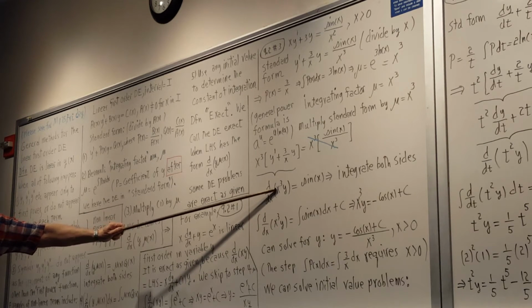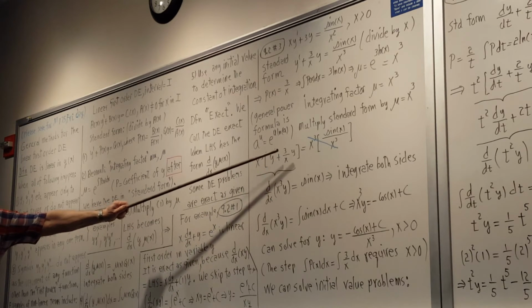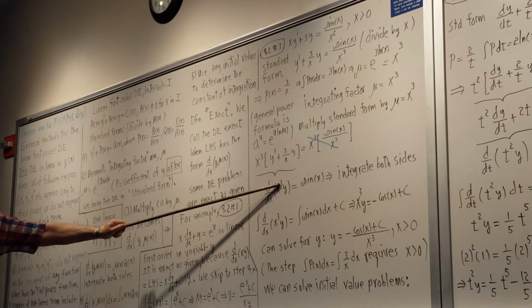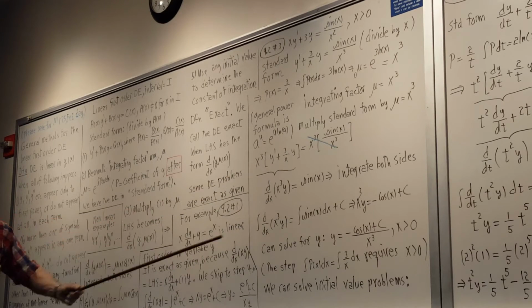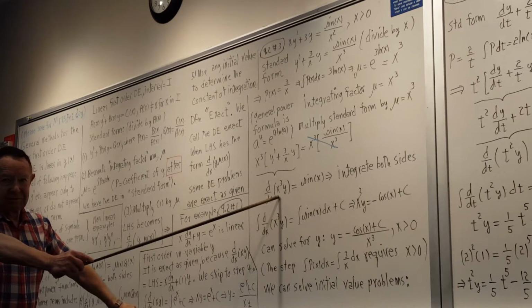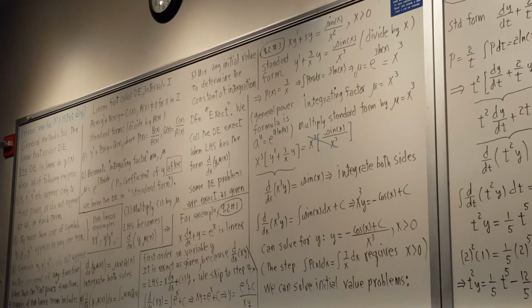That would be 3x squared. See, if you multiply this through, you have 3x cubed over x, that's 3x squared. That's the derivative here, times the y. So this is the same that this would be. That's the gain, you see.